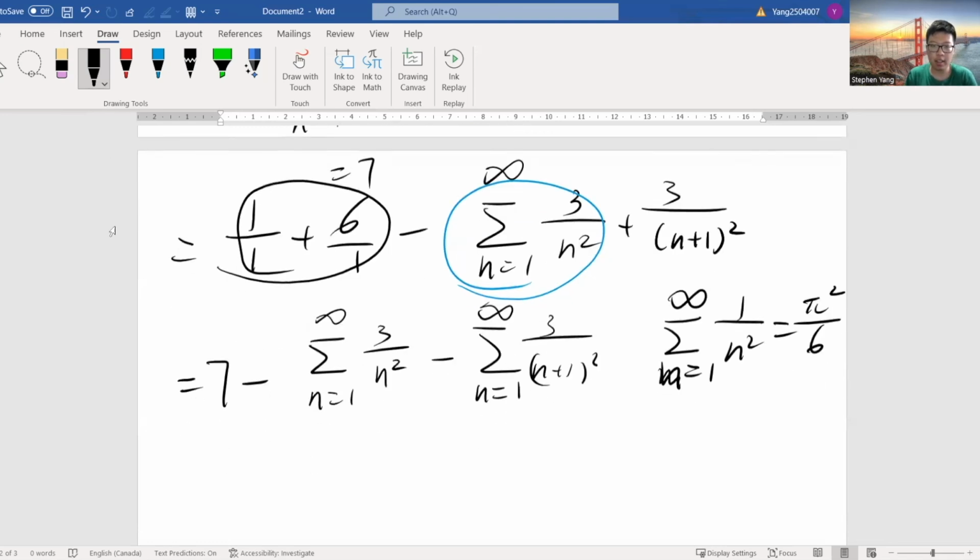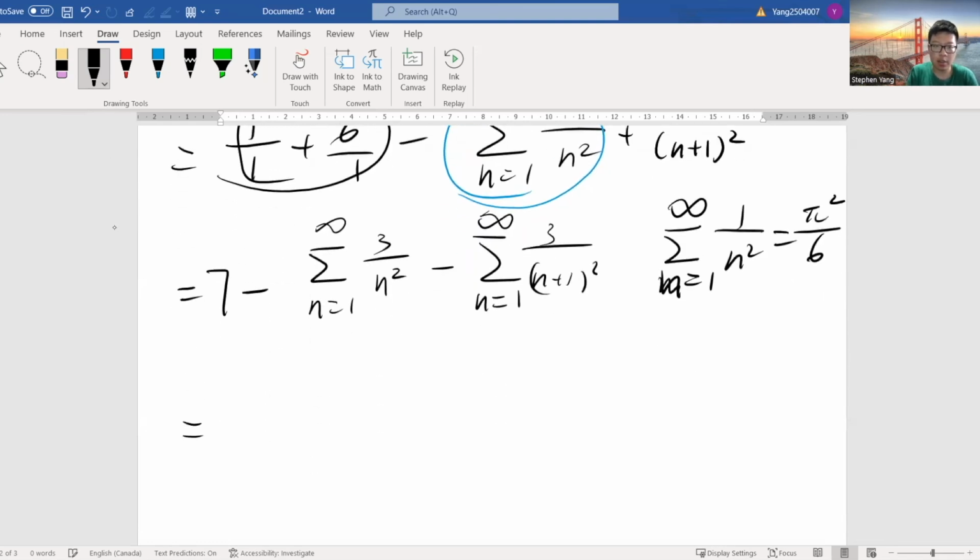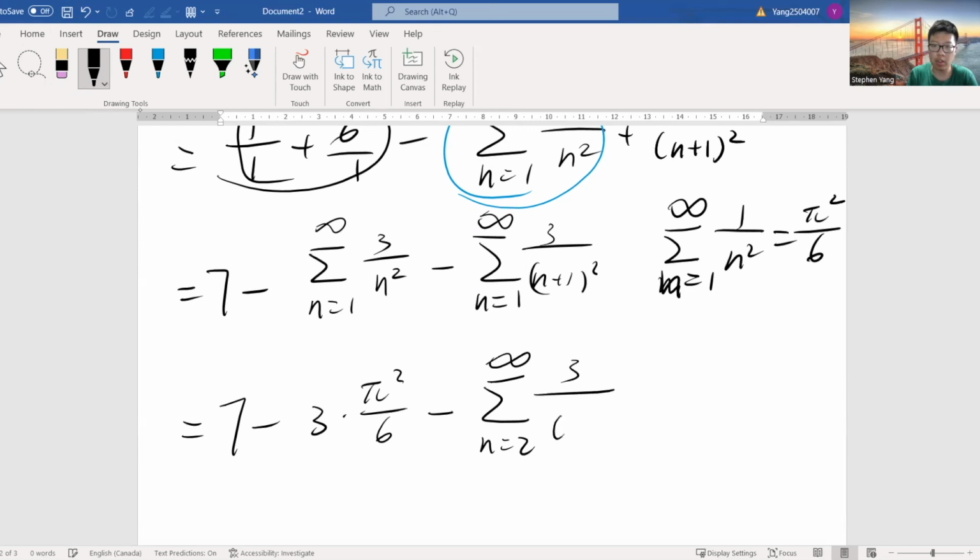We'll use the result here. So this is 7 minus 3 times pi squared over 6 minus, because we're shifting the index, the sum from n equal to 2 to infinity of 3 over n squared.